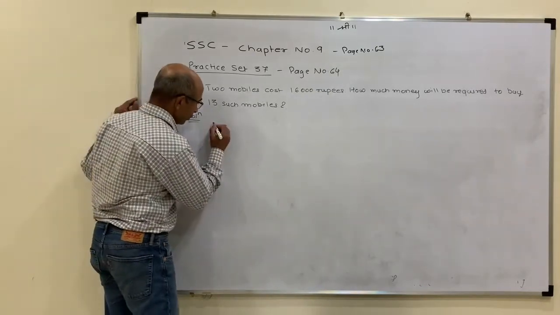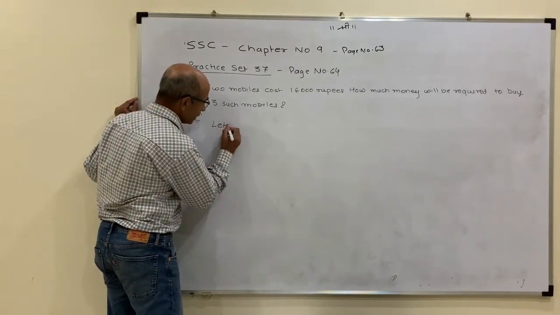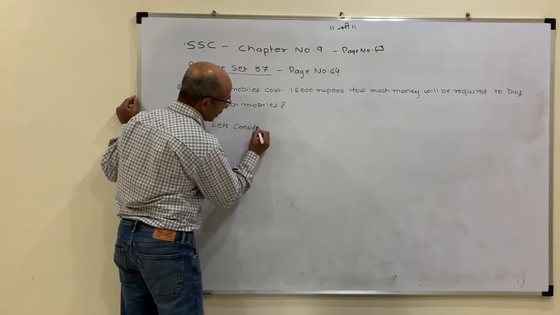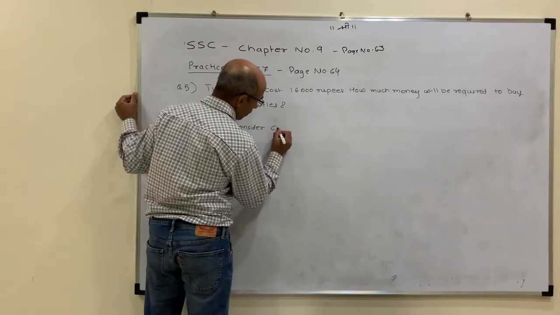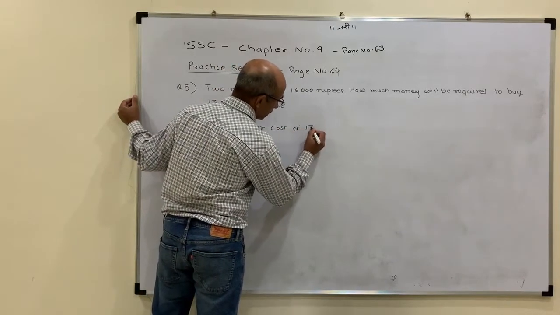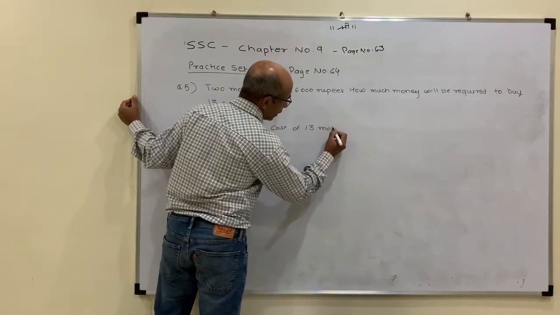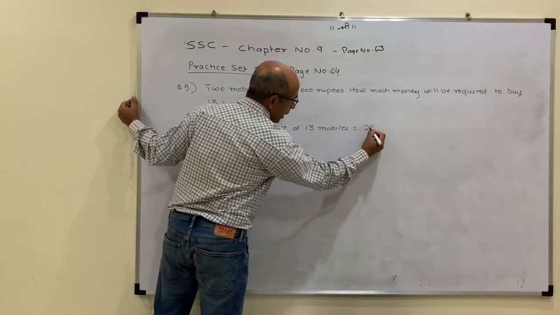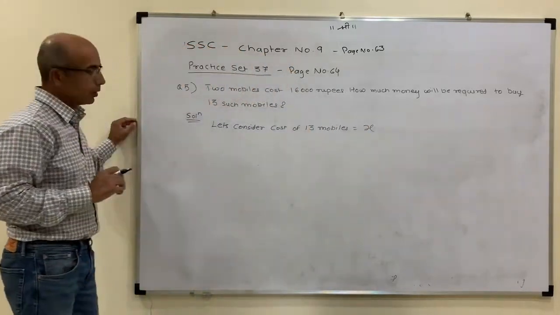So let's consider the cost of 13 mobiles equals x.